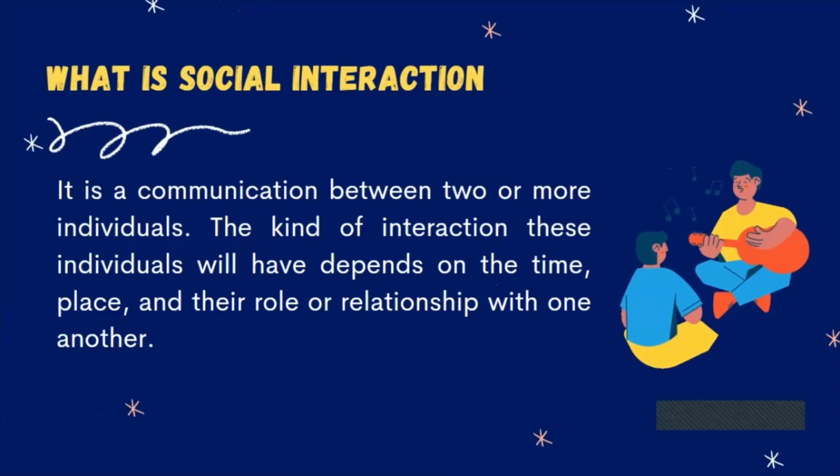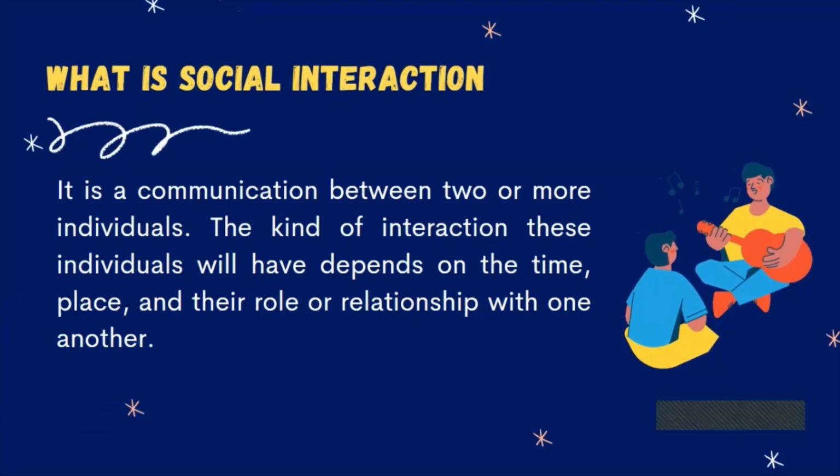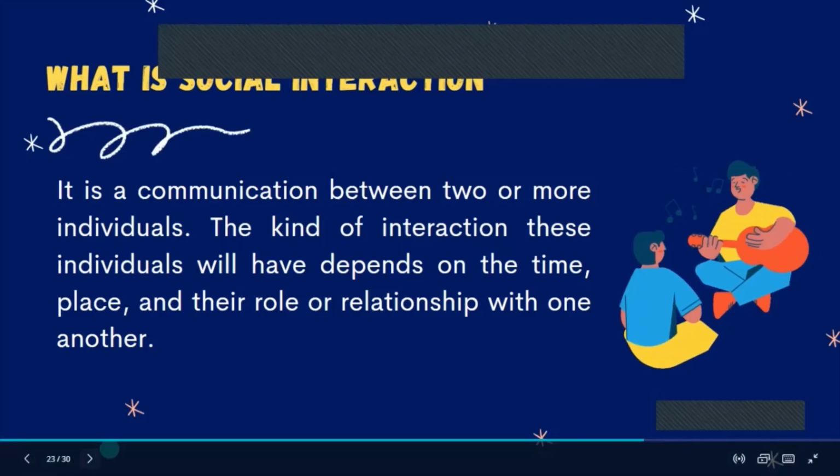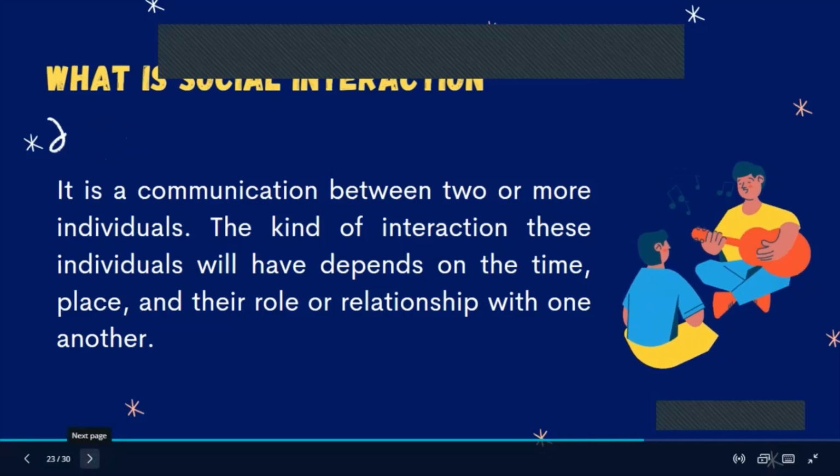As human beings, it is very important for us to socialize and to interact with other human beings. So it is also important for us to consider the roles of relationship between the people we interact with. Respect comes a long way, and the manner of speaking to other people comes very handy in this type of skill.